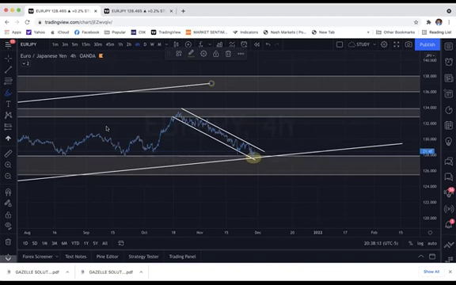Talk to me, people. If a C setup is the 4-hour going against the daily, and a B setup is a 4-hour with the daily bias, then the A setup is what?